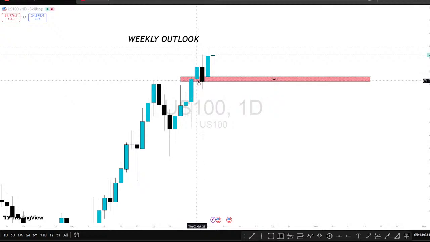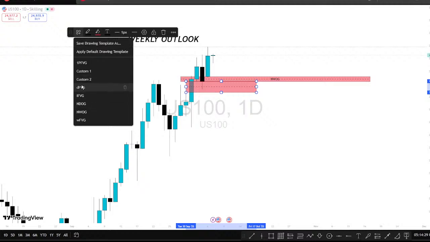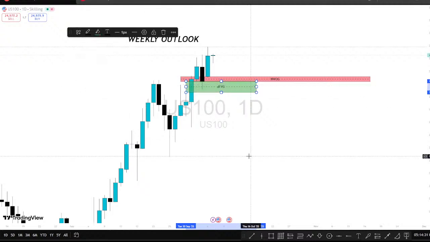Between the 30th September, 1st October, and 2nd October candles, we formed a very crucial fair value gap right there. That's a bullish daily fair value gap. We'll mark it as DFVG.